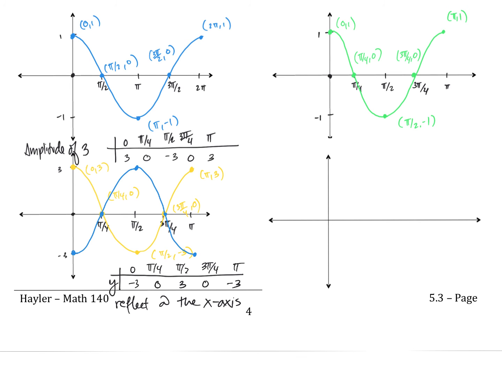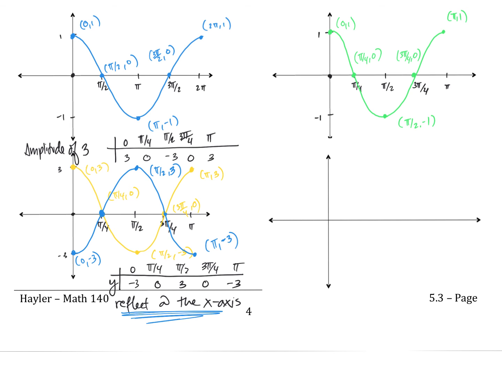So writing in the new flipped values, we have pi, -3. 3 pi over 4 is 0, still, again, I'll leave that in the yellow. Then on the top, we have pi over 2, +3. Same here for the two of them. And lastly, 0, -3. Alright, so that was the reflection about the x-axis.